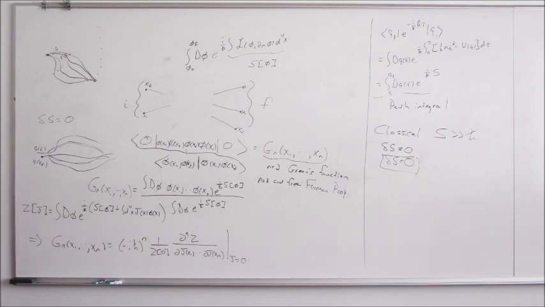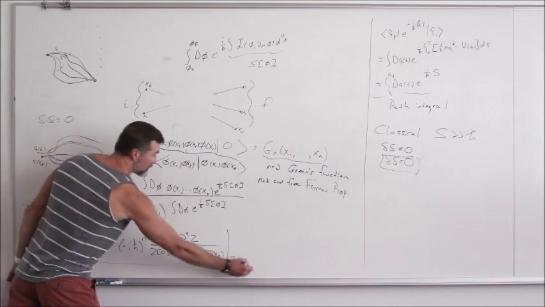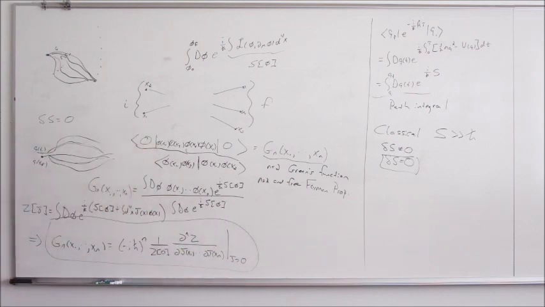Now I want you to stare at that for a minute and tell me if that looks like anything you've seen before. Sounds like a partition function. It's exactly a partition function. This is called the partition function in quantum field theory. Everybody remembers partition functions from stat mech.